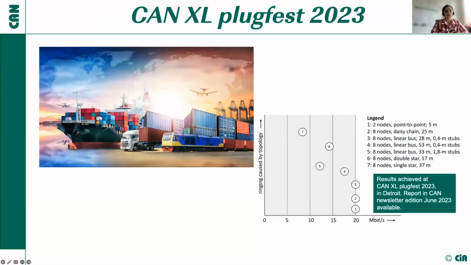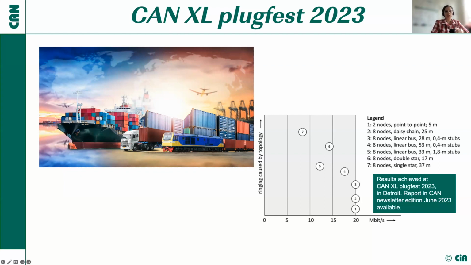Here you can see the result of the CAN XL plug fest last year. As you can see here, it is shown that 20 megabit per second seems to be possible. It's not just paperwork.